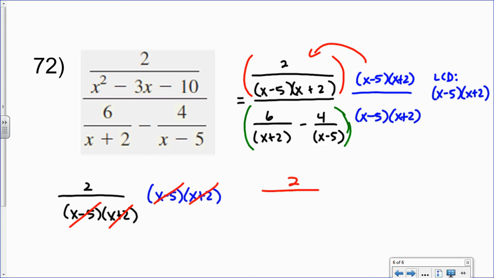Okay? So in the denominator, I'll erase that in a minute. So watch in the denominator. Now I'm distributing this whole thing. So my x plus 2's will cancel, but I still have 6 times x minus 5. Okay, the x plus 2's cancel, but I still have 6 times x minus 5.